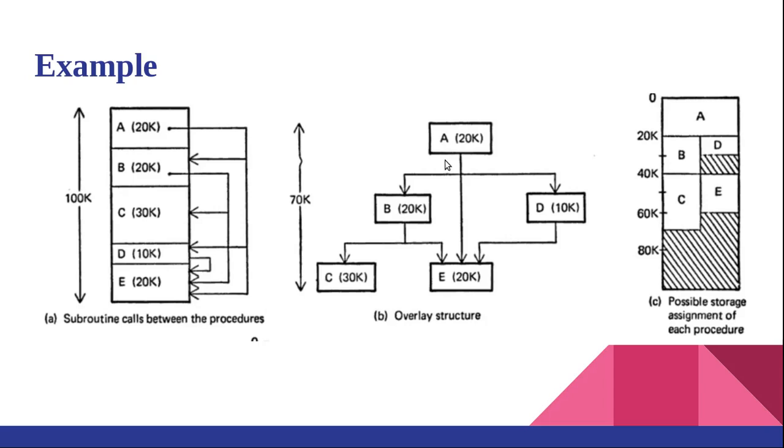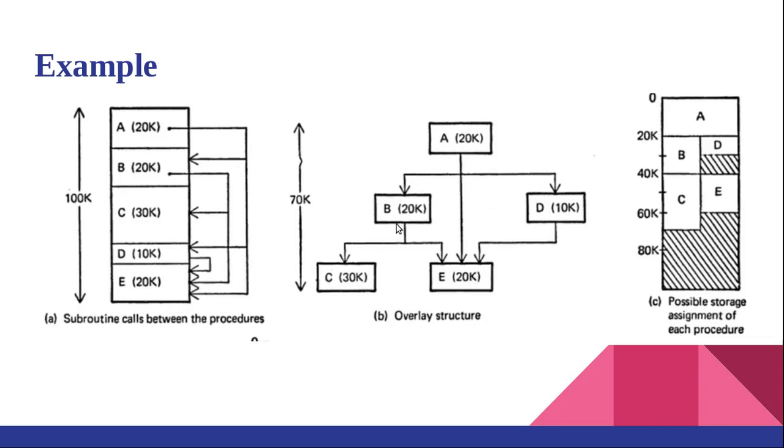If a condition is true, then it will call B. Otherwise, if the other condition is true, then it will call E. Otherwise, it will call D. So at a time, program A will call either B or E or D. Similarly, program B will call either subroutine C or subroutine E. Then similarly, program D will call subroutine E.